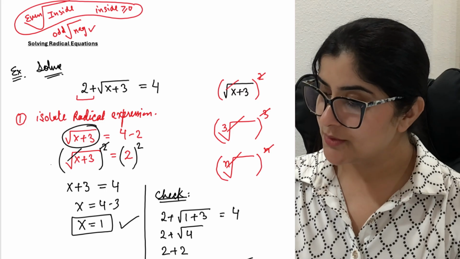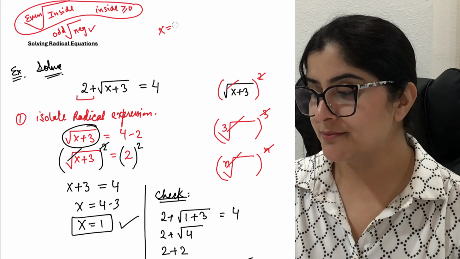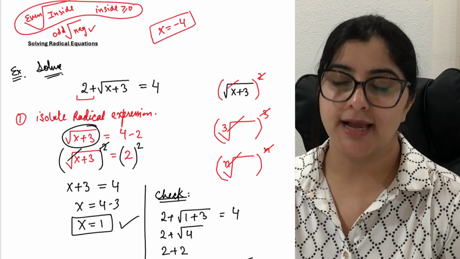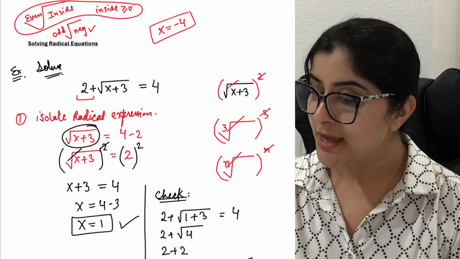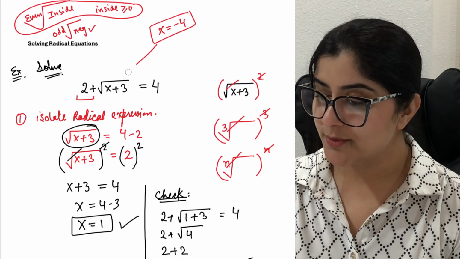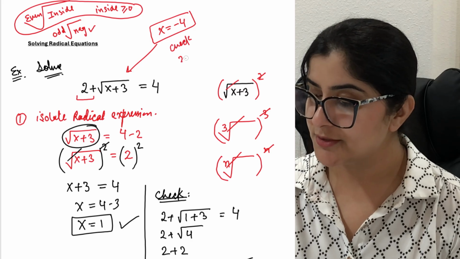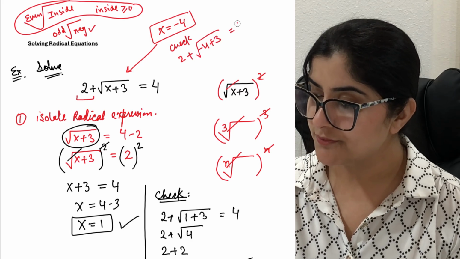Suppose we get the answer x is equal to minus 4 at the very end. I'm just telling you when we call a solution an extraneous solution. When you substitute this solution back into the original equation to check your work, you get 2 plus the square root of minus 4 plus 3 is equal to 4.